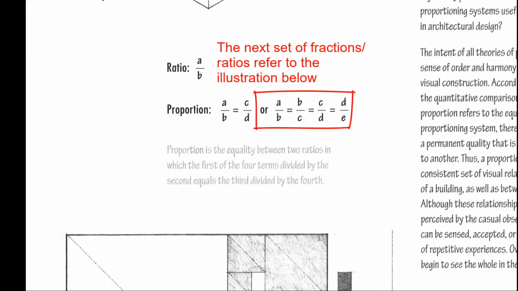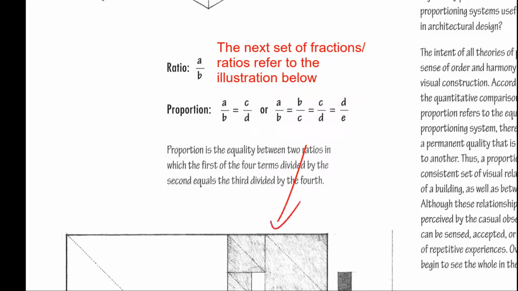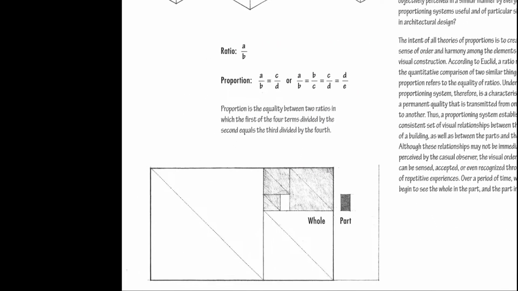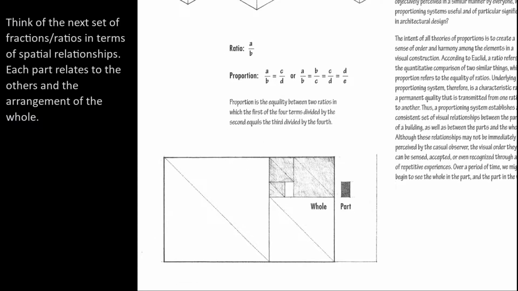The next set of fractions or ratios refer to the illustration below. Think of the next set of fractions or ratios in terms of spatial relationships. Each part relates to the others in the arrangement of the whole.